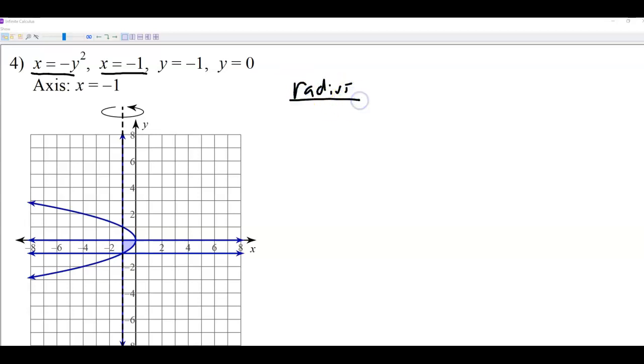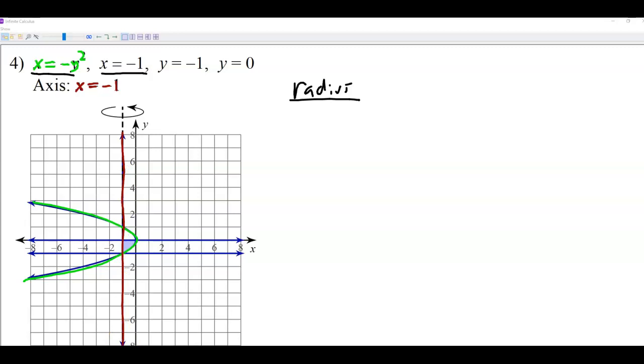Step 1 is we want our radius. My function here is represented by this curve, as you guys can see. And the axis that I'm rotating around, it tells you right here, is x equals -1. And that's this line right here.